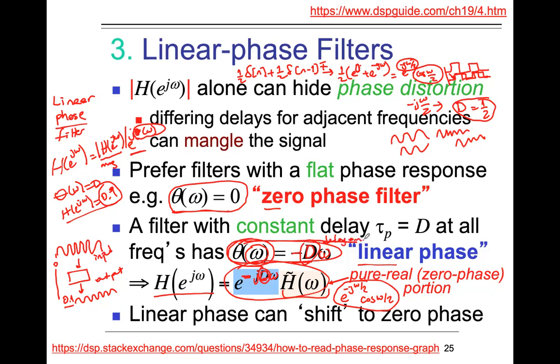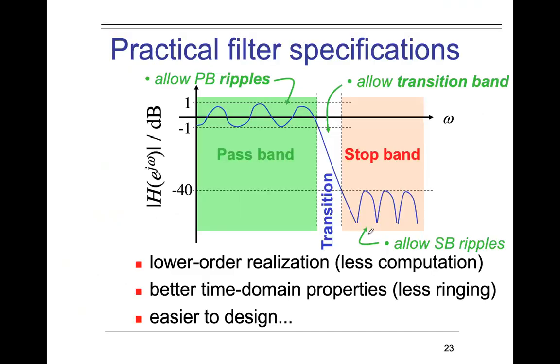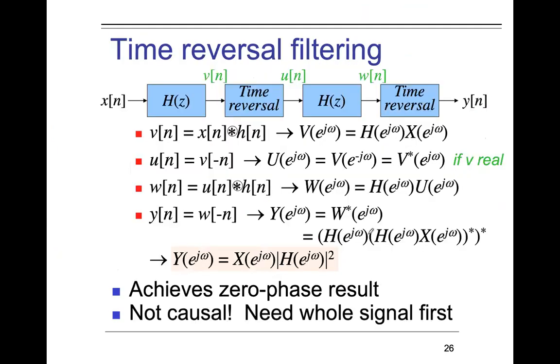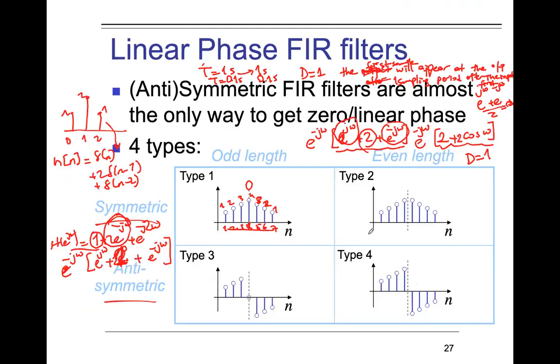It should be the middle point in our h of n function. Exactly. If it is a symmetric impulse response like that, the middle point will be your delay amount.